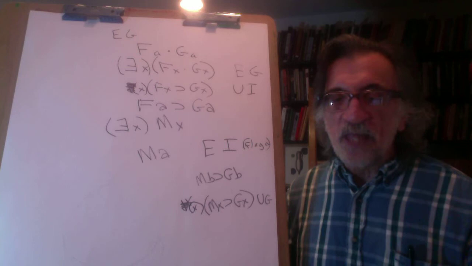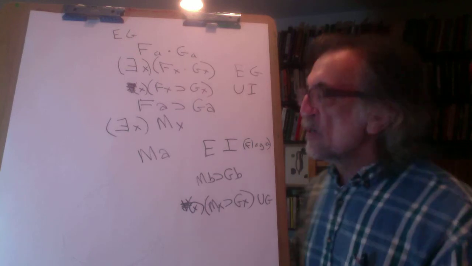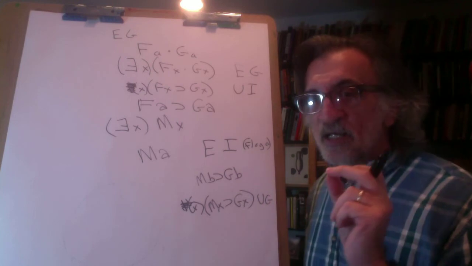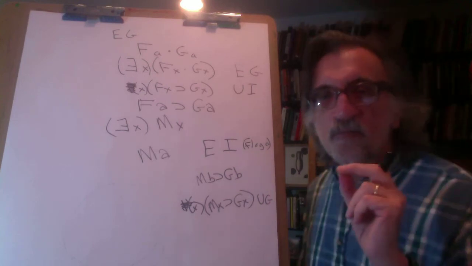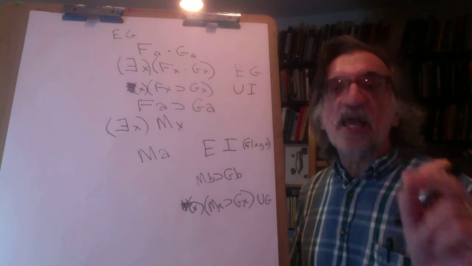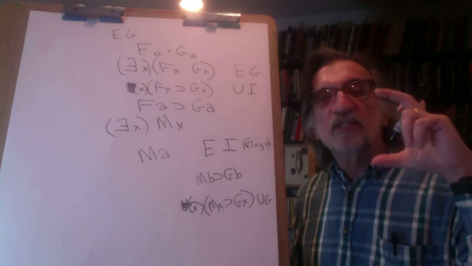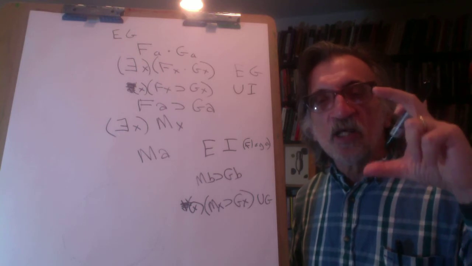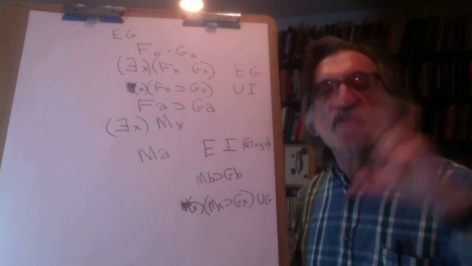Now, what you do in that instance is you actually write in the proof, it's a line of the proof, you write flag A. Okay. So strictly speaking, you are applying universal generalization to a sub-proof of the entire proof.